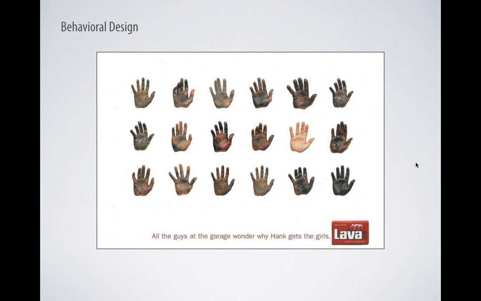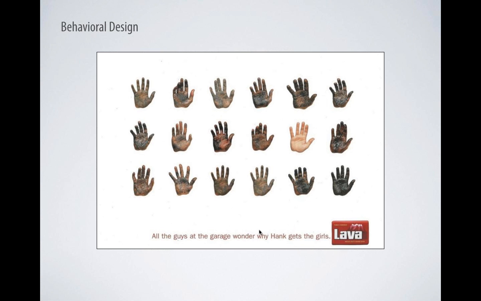Yeah, and that's actually a factor. Keep that in mind in week 3 when we talk about composition. That kind of difference, that contrast in a pattern is one of the factors for creating emphasis. But in this case, we're looking at the emotional design, and really the focus is on the effectiveness of the soap, Lava, but you see a little bit of implied sex appeal here as well.